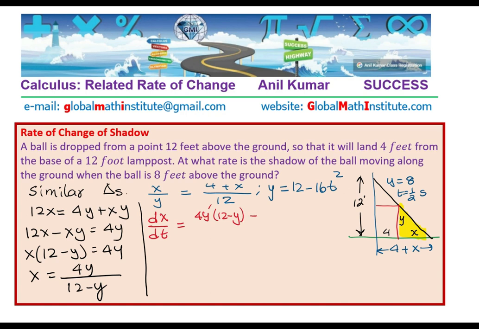Minus the derivative of the denominator, which is minus 1 times 4y, and minus 1 y prime, divided by 12 minus y whole square. We are differentiating with respect to time t, okay? So that's what we get.